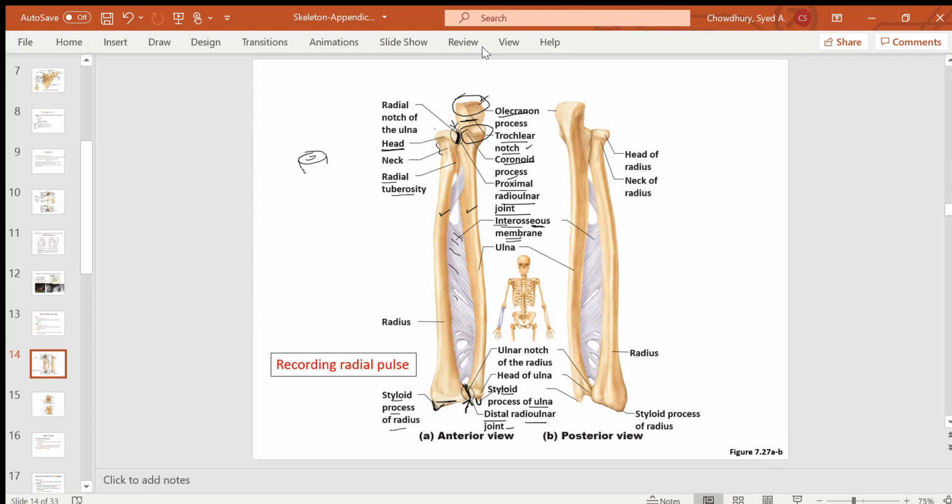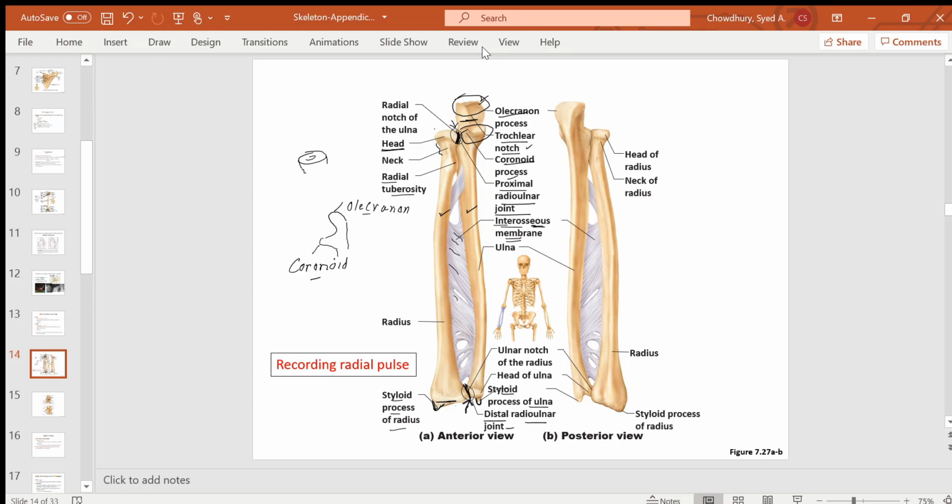So the upper end looks like an open mouth. It has, like, the upper jaw, then a U-shape, and this is the lower jaw. Okay, like this. So this is the olecranon process, and the lower jaw, if you just think it is an open mouth, is called the coronoid process.